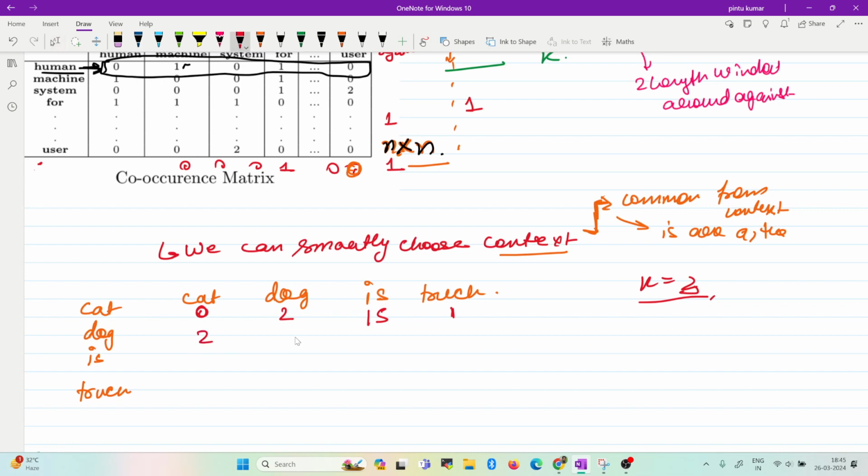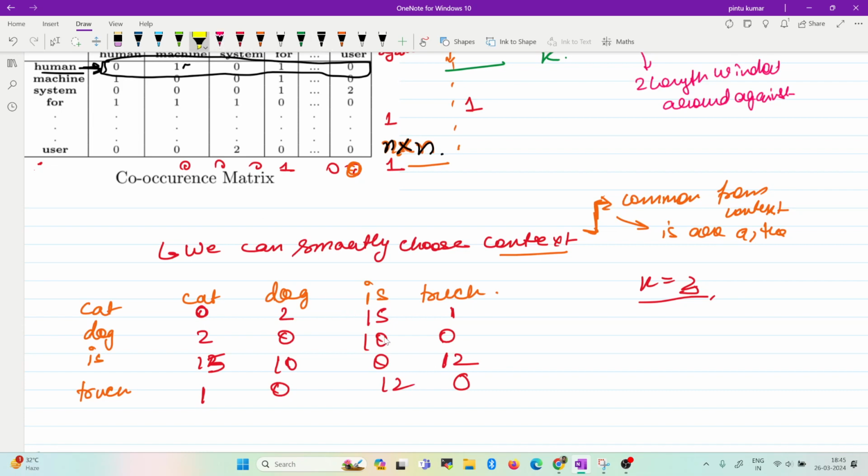Similarly for dog, this is 0, this is 10, this is 0, this is 12, sorry, this is 15 because this has to be symmetric. This is 0 and this is also 12. So your matrix looks something like this.